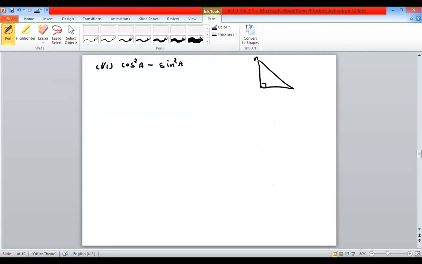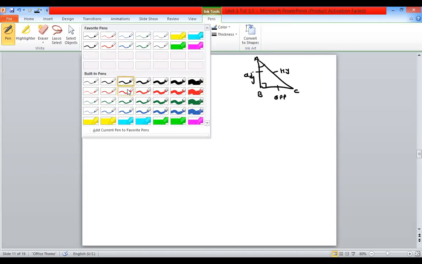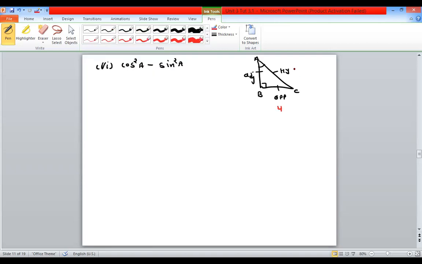This is the angle. It's your opposite and your adjacent and your hypotenuse. And the lengths of these are 4, 5 and 3.